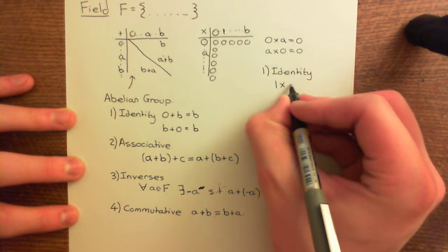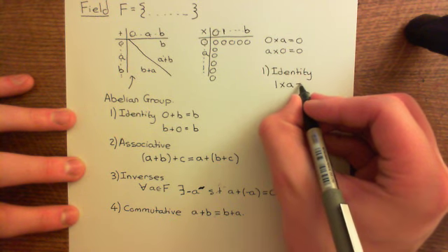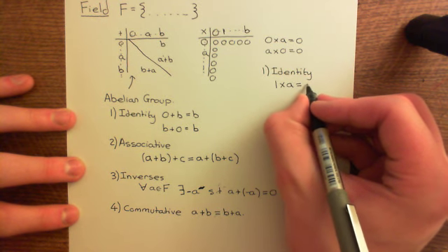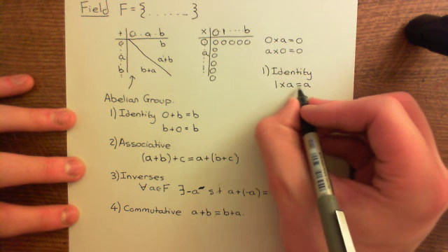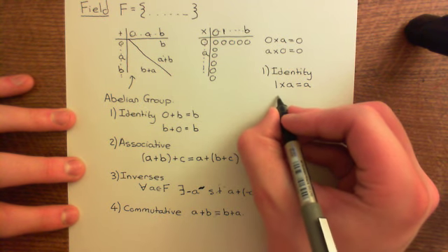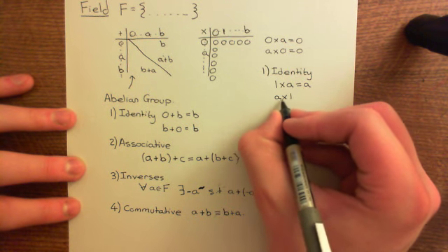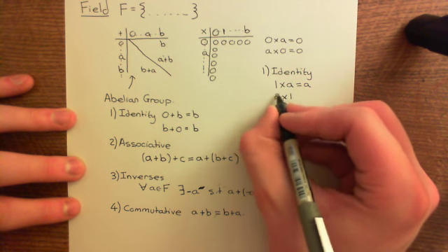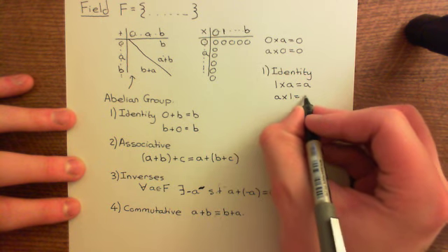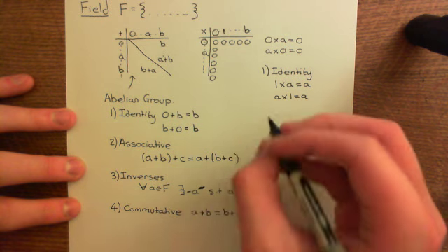And if you take 1 and compose it under multiplication with any element on the right here, it will map that element onto itself. And similarly, if you compose it with any unspecified element that's on the left, that will also map you onto that unspecified element. So there is a multiplicative identity.